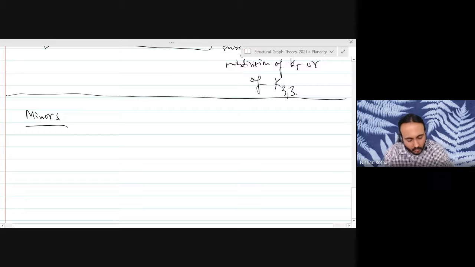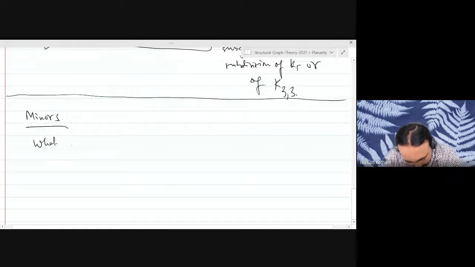What happens if you contract an edge? Remember, in minors you delete edges, you delete vertices, which is basically a subgraph, but there is one more operation, which is contracting an edge. This is one of the most interesting operations in the context of graph minors. So what happens when we contract an edge?